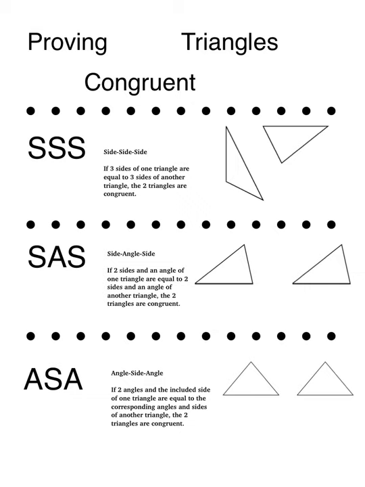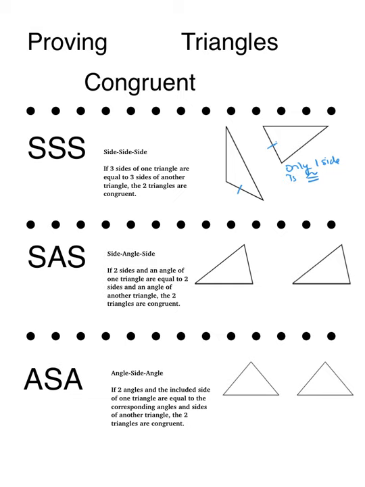We can probably say those two sides are congruent. That's the first side. But I don't have any other congruent sides. Only one side is congruent. So I can't say that these two triangles are congruent.